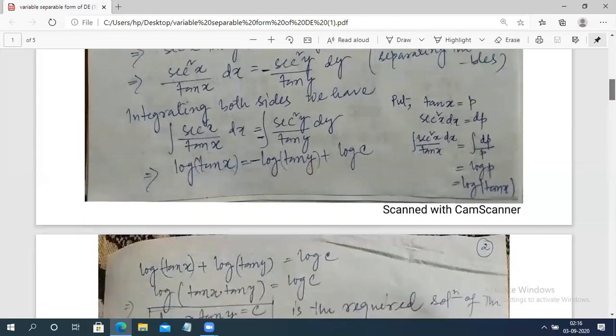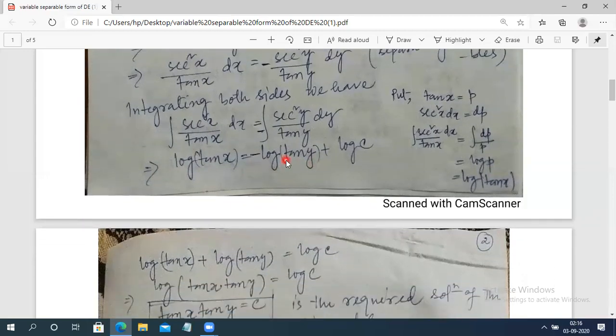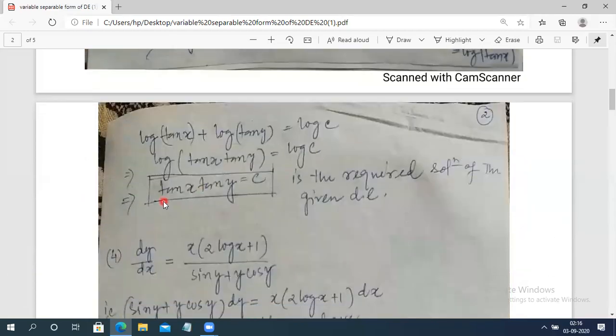So when we bring this log of tan y to the left hand side, it will give log of tan x tan y by the property of logarithm, and on the right hand side it is log of c, and then again by using the property of logarithm we can write tan x tan y is equal to c. So this is the required solution of the given differential equation.